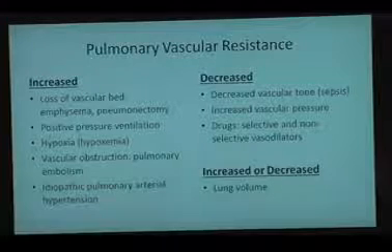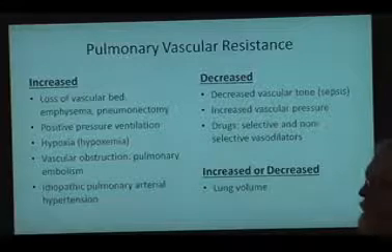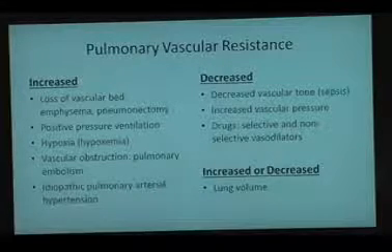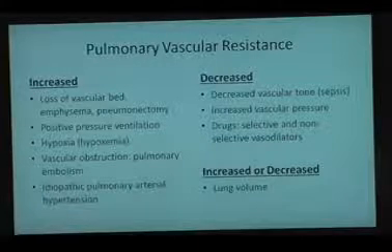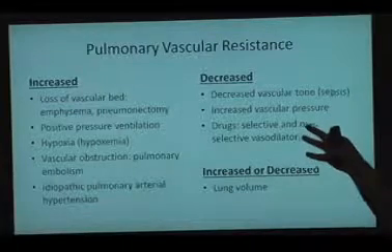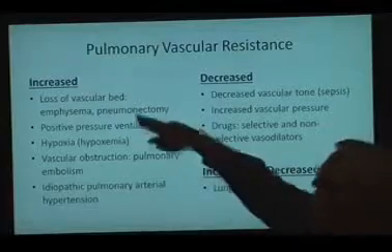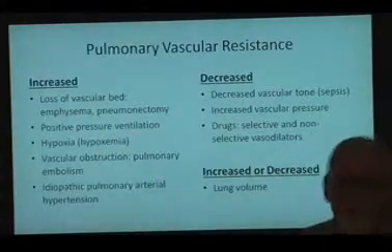So there are lots of things. If we are able to measure pulmonary vascular resistance, what is the clinical implication of the numbers that we get? As shown on this slide, there are lots of things that can increase or decrease the pulmonary vascular resistance. For example, the pulmonary vascular resistance can be increased with a loss of vascular bed.